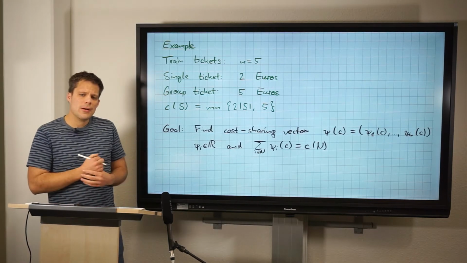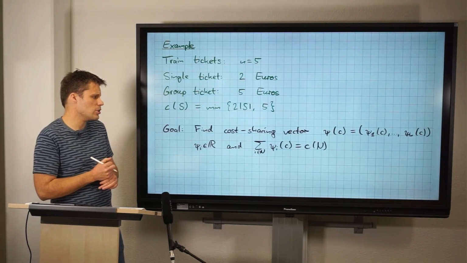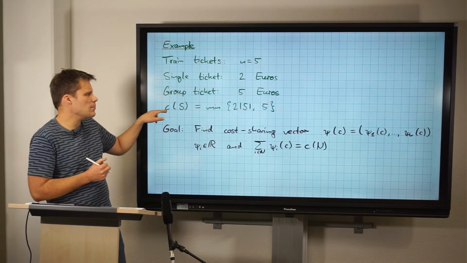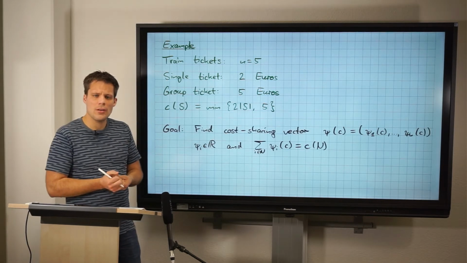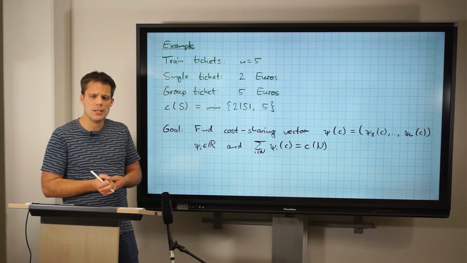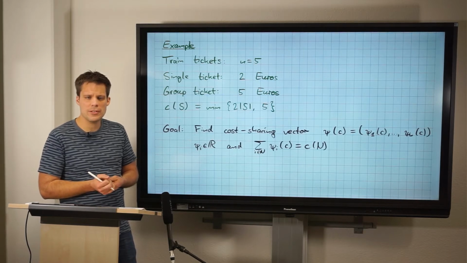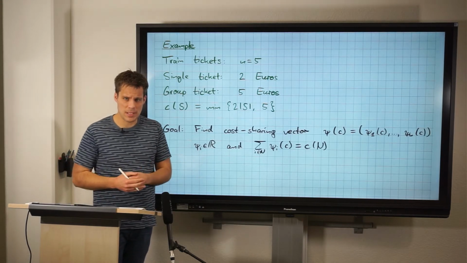Well, clearly there are different ways of defining such a cost vector. In our example here, how could this look like? We could, for example, say the first two agents each pay 2 euros, the next agent pays 1 euro. Or the first agent pays all 5 euros and the other agents pay nothing.